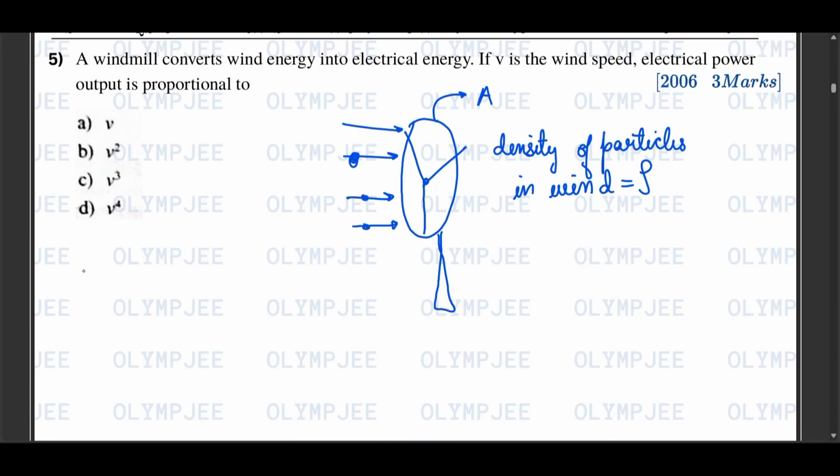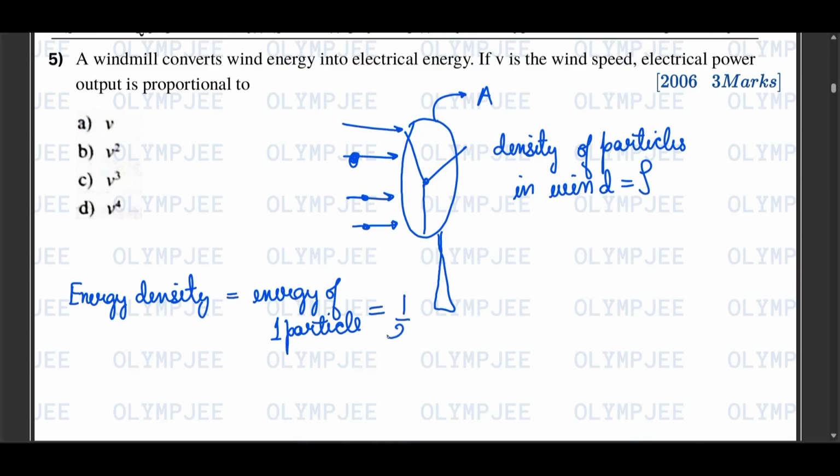So first we'll find out the energy of one particle, which will be equal to half mv square, if we consider the mass of every particle to be m. So half mv square is the energy of every particle of mass m, right?